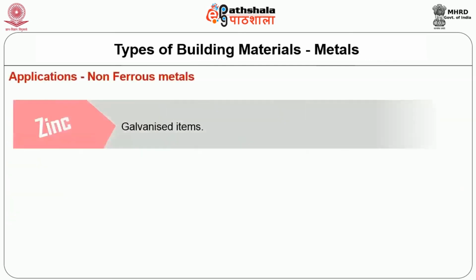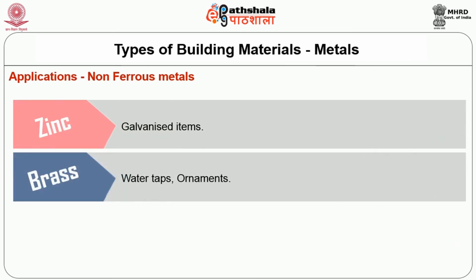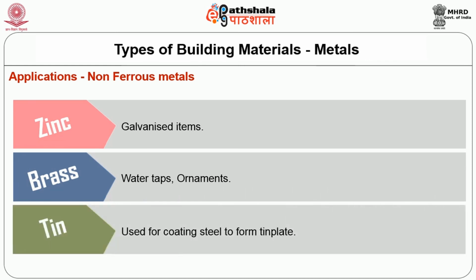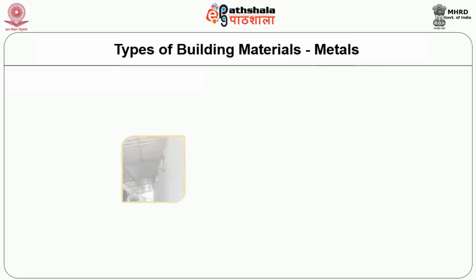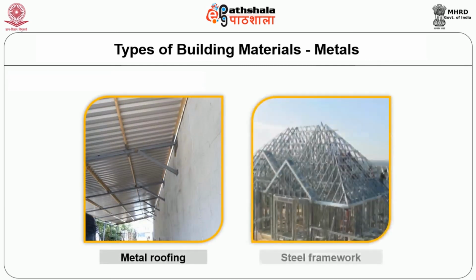Of the non-ferrous metals, zinc can be used for galvanized items, brass for water taps and ornaments, and tin for coating steel to form tin plate. You can see the images of metal roofing and steel framework of a building.